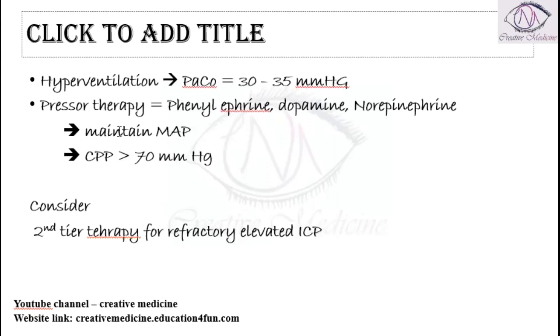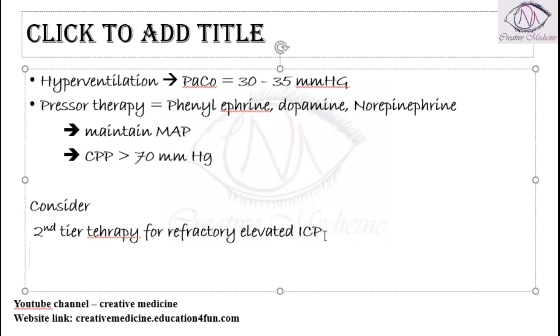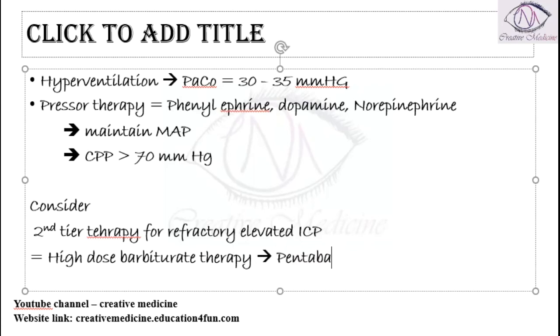Sedation is also done with hyperventilation and pressor therapy, but still the intracranial pressure is not decreased. In such cases, you can give the patient high dose barbiturate therapy. High dose barbiturate will induce coma in the patient, so this is called pentobarb coma. Okay, so this can be given to the patient.